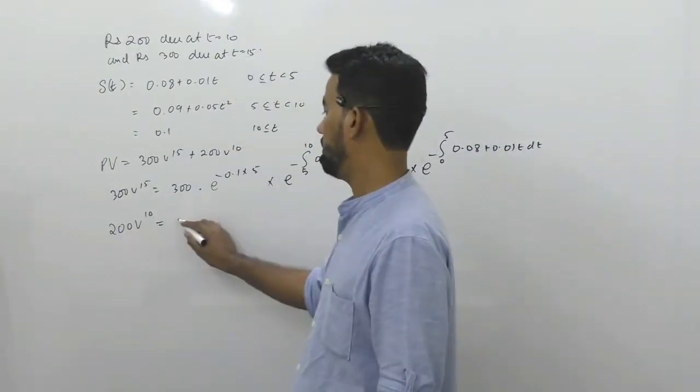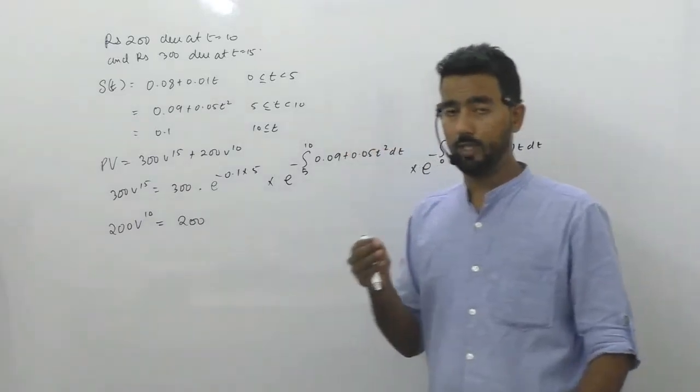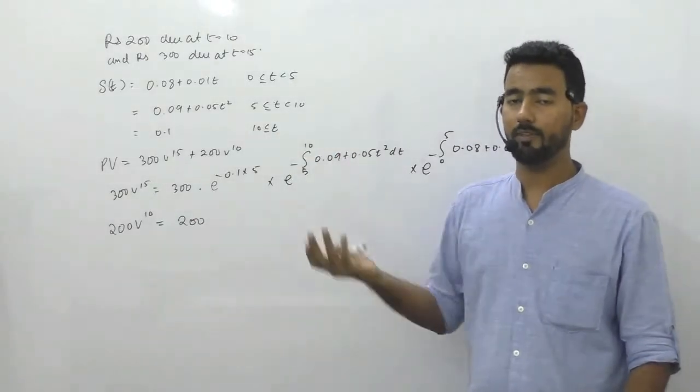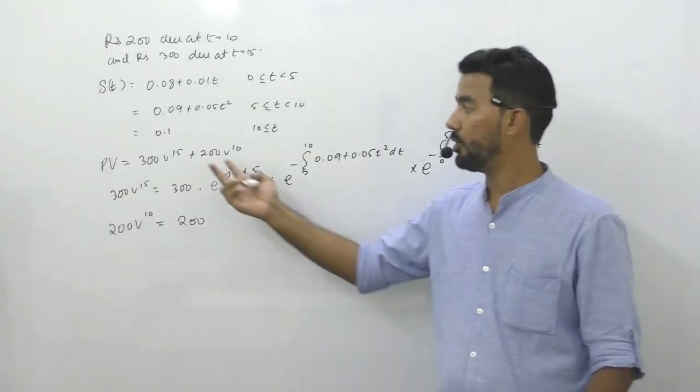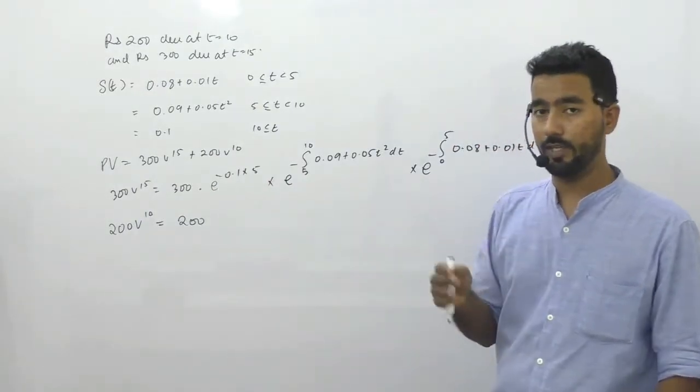Now 200 is at time 10, so we have to discount from time 10 to time 0. In that case, the interest rate which is applicable after time 10 will be useless, so we don't have to take this 10% into account anywhere. We will only discount from time 10 to 5 and then from 5 to 0.